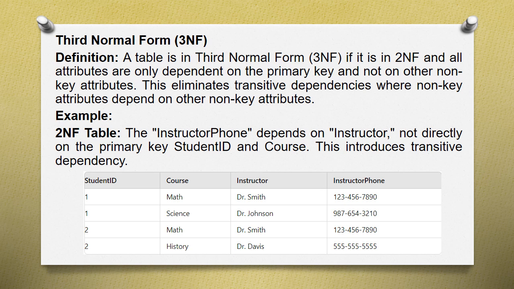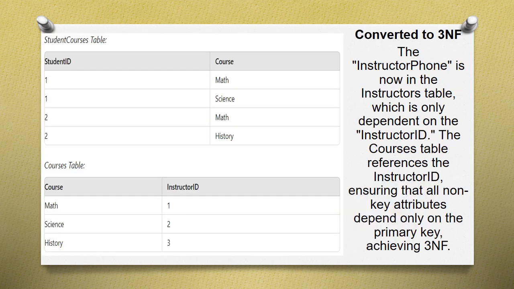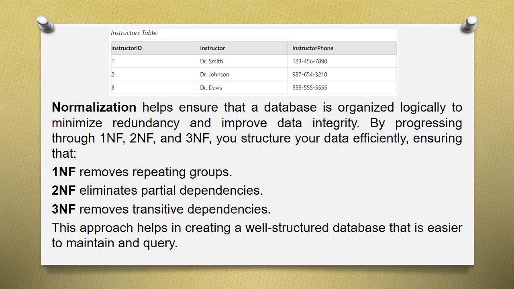Let's see. After decomposing the initial table into these three tables, you can see in all these three tables, every non-key attribute depends on a key attribute. So we have removed the transitive dependency. So this is now in the third normal form.